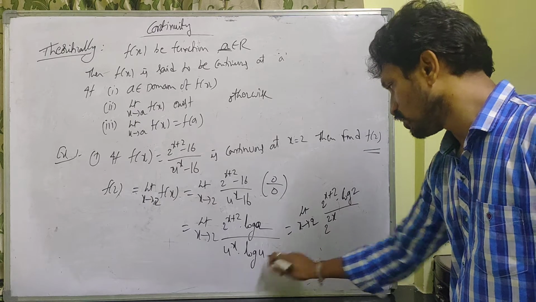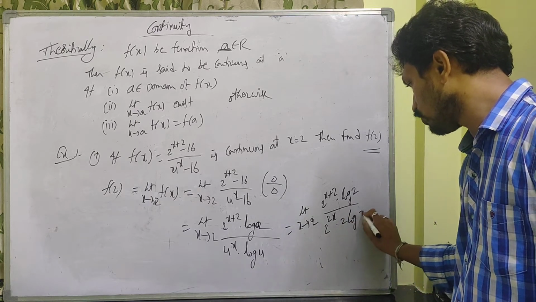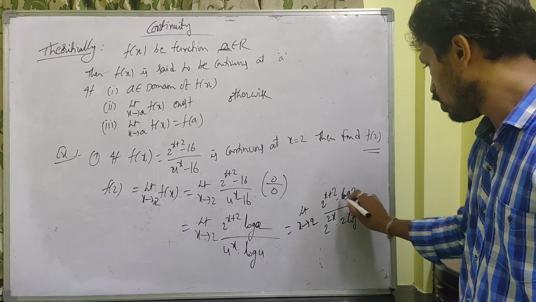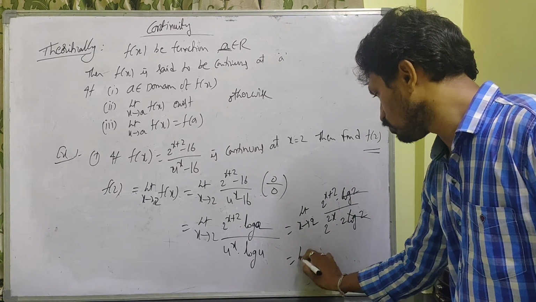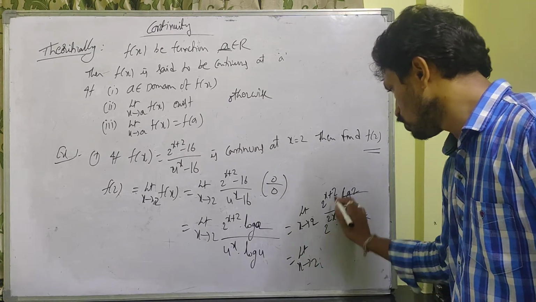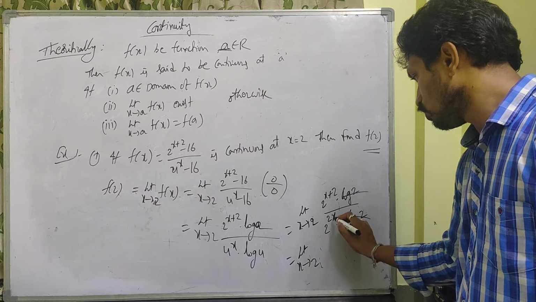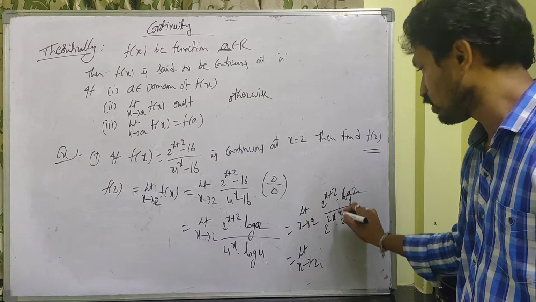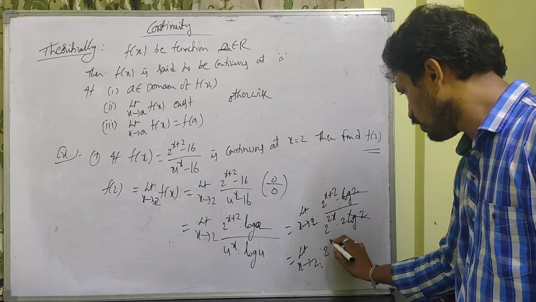This one you can write as 2 log 2. Log 2 gets cancelled. So this value becomes 2 limit x tends to 2 power x plus 2, 2 power 2x plus 1 in the denominator. So totally we can get 2 power.